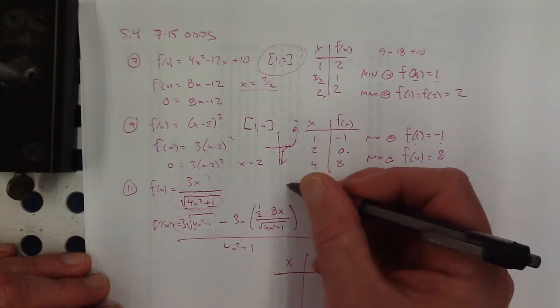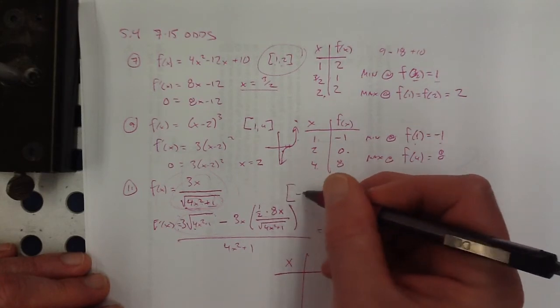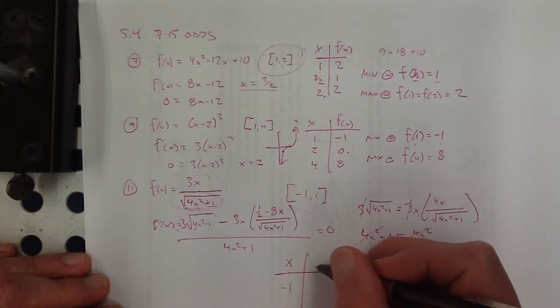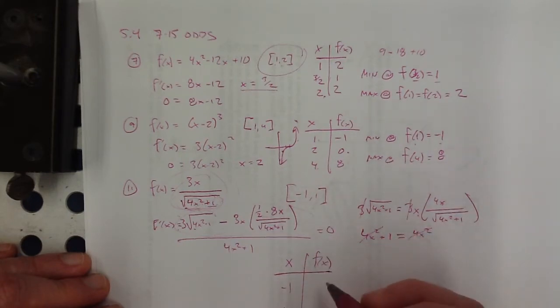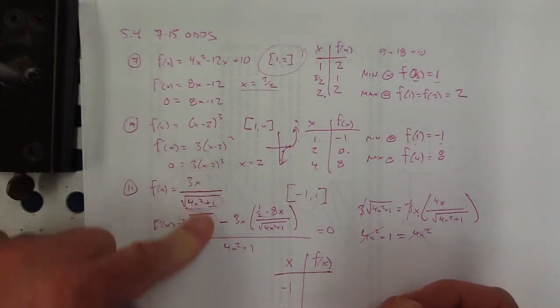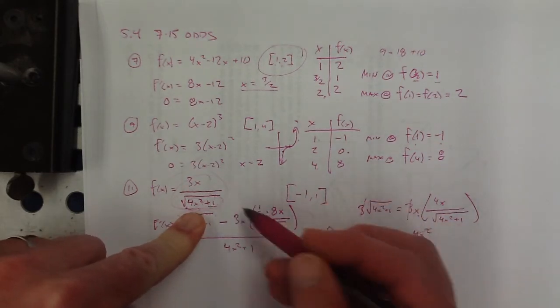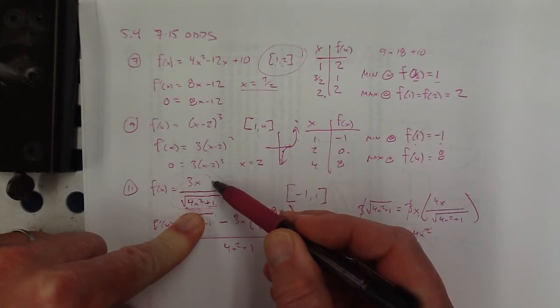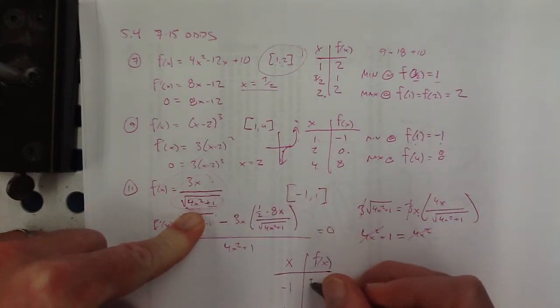So, what does that mean? It means we only have to check the endpoints. So when I plug in negative, we should get the same value, right? Because this is, oh no, just kidding. I was going to say it's an even function, but it's not. It's just looking at the denominator. So here, when we plug in 1, I get 3 over the square root of 5.